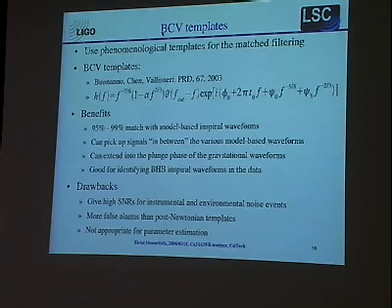Some of the disadvantages of using those templates is that they also give high signal-to-noise ratios for instrumental and environmental noise events. Many of them are very short in time, so they catch many of the short noise events that show up in the data, which wouldn't be picked up by the post-Newtonian templates necessarily, so we get a lot of false alarms.